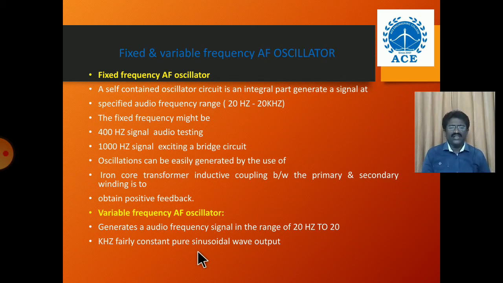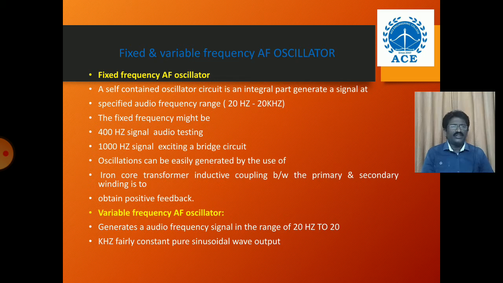To generate signals, we need the help of the oscillator and the attenuator. That means the signal generator is a combination of the oscillator and attenuator. Your oscillator is the sine wave generator.